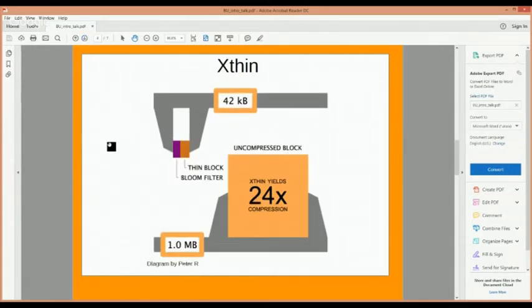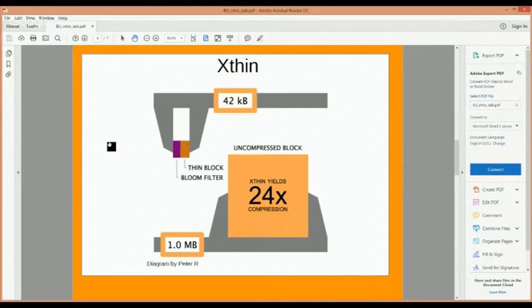So Xthin Blocks is the feature that has gotten a lot of people excited. What it essentially does is it doesn't send the transactions inside the block, because in theory they've already propagated throughout the network.